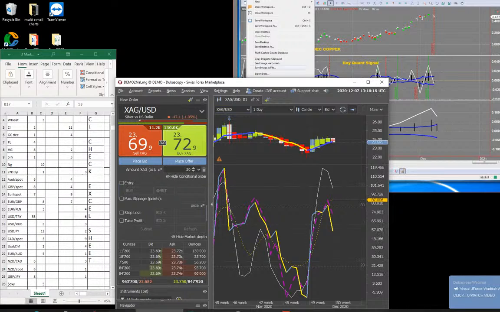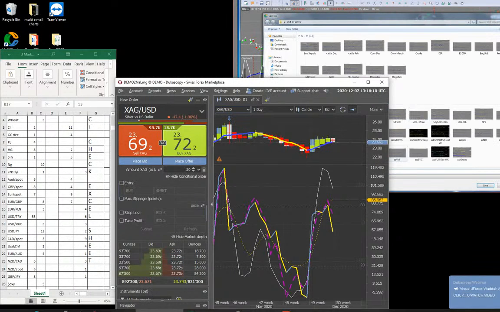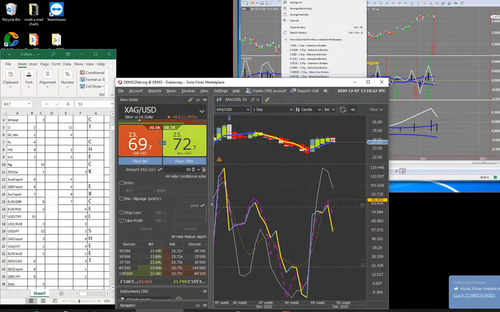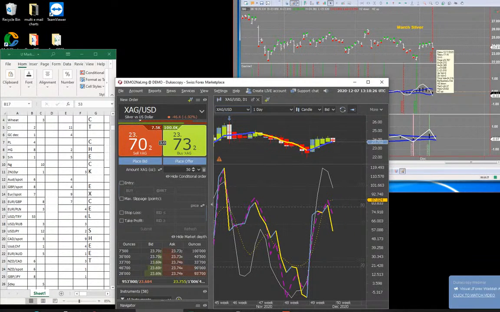Let's save that. And there's the copper. And then, let's see. Did we save the silver? Yeah, I guess we did. Let's go through that list there, and we can go back. And if someone wants to see something, we can jump right over to it.